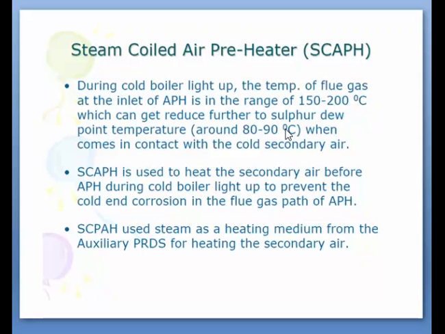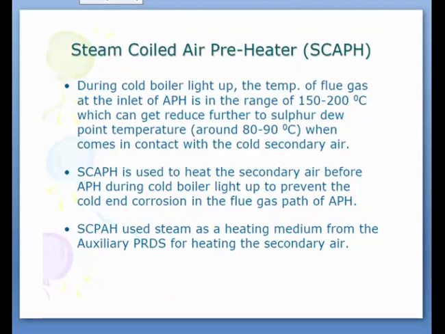So that will form sulfuric acid and it will cause cold end corrosion. So SCAF is used to heat the secondary air coming from the FD fan before APH during cold boiler light up, to prevent the cold end corrosion in the flue gas path of the air preheater.